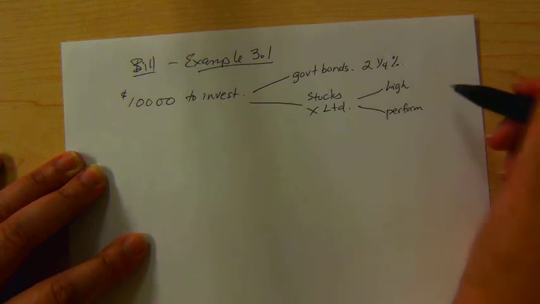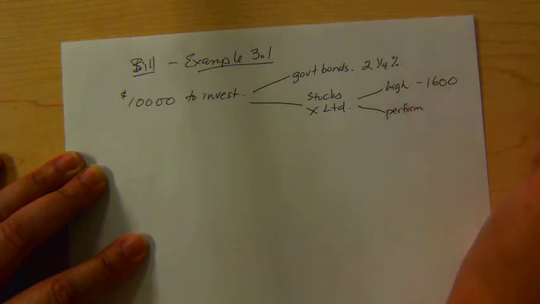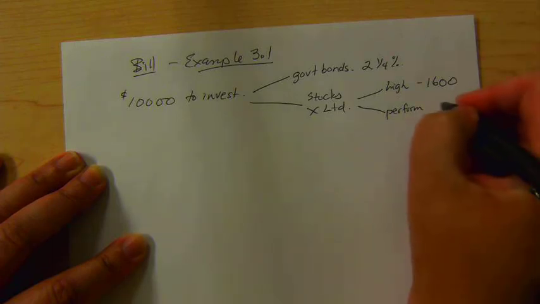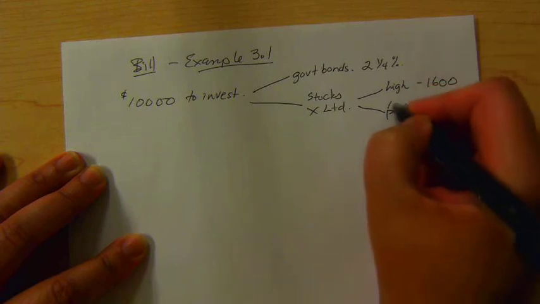If it's high, he's going to end up with 1,600. And if it's low, they're not going to get anything. Sorry, that should be high performance, low performance.